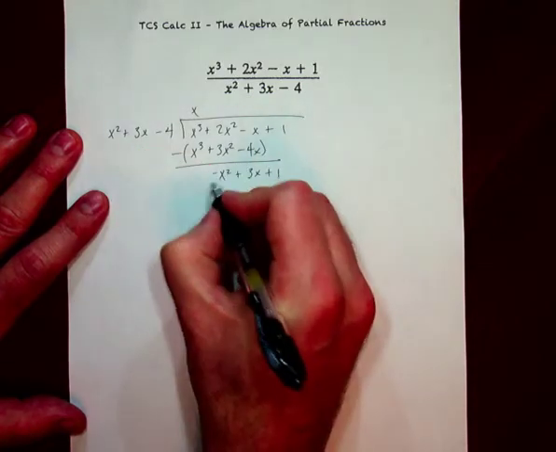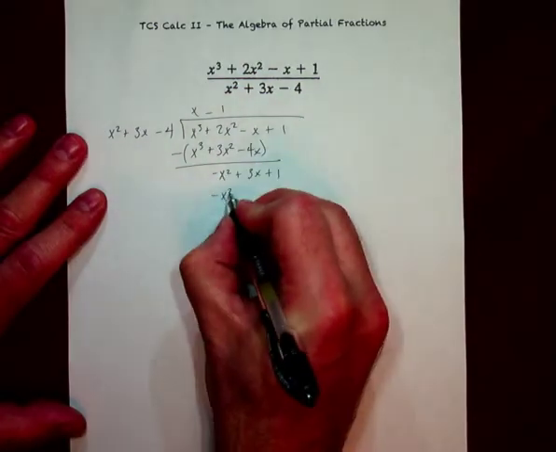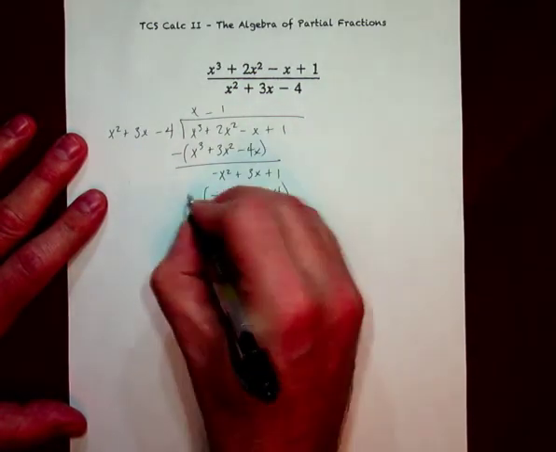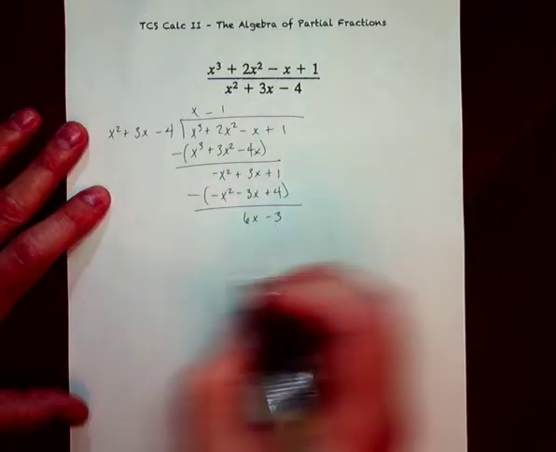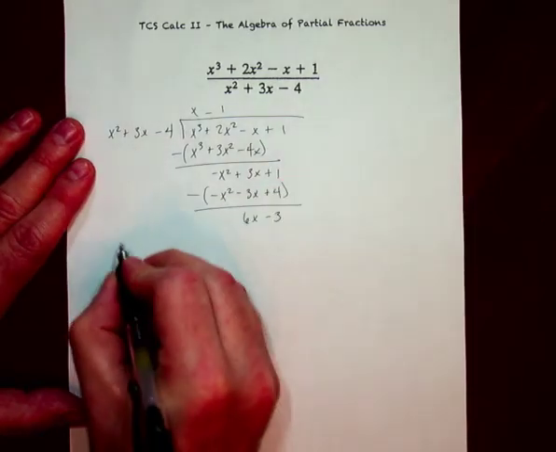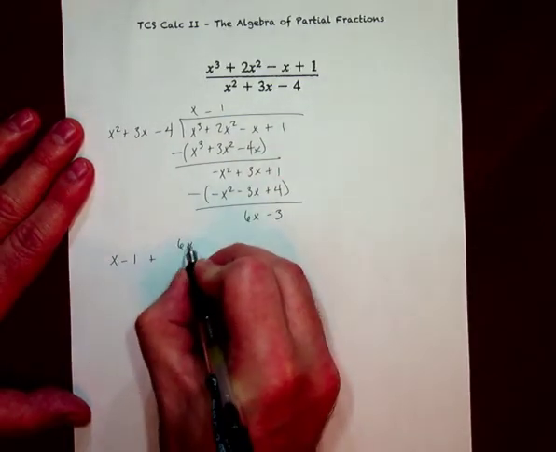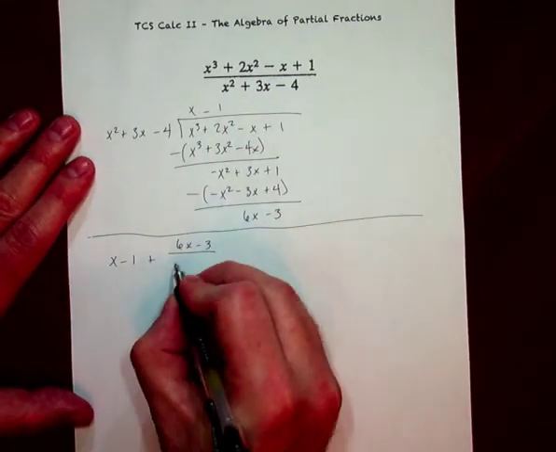How many times does x squared go into -x squared? -1 times. -x squared minus 3x plus 4, but then of course you're subtracting, and so 6x minus 3. And so what we have here is x minus 1 plus 6x minus 3 over the denominator, and we'll go ahead and do the factorization.